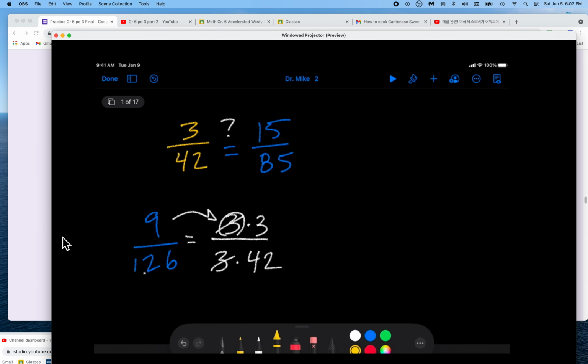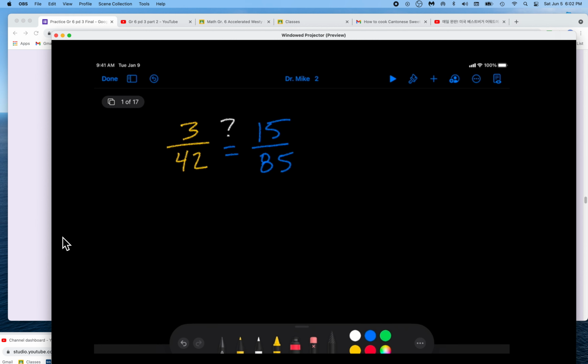We cannot reduce 3 over 42 any further because 3 is a prime number. And actually, wait a minute, my mistake. 3 does go into 42.